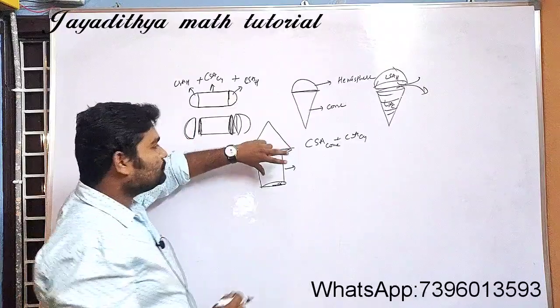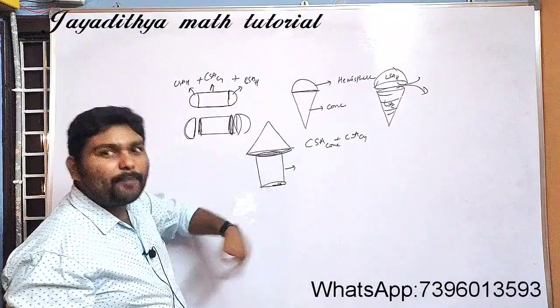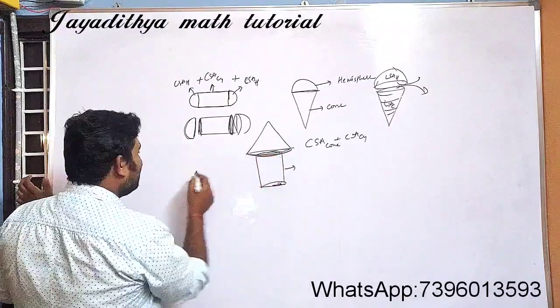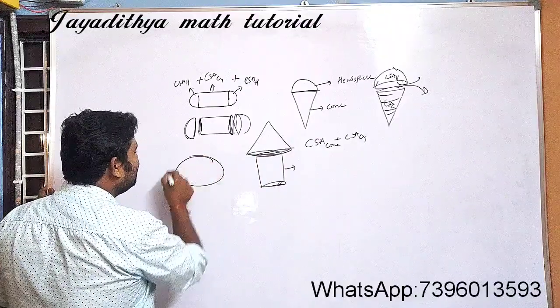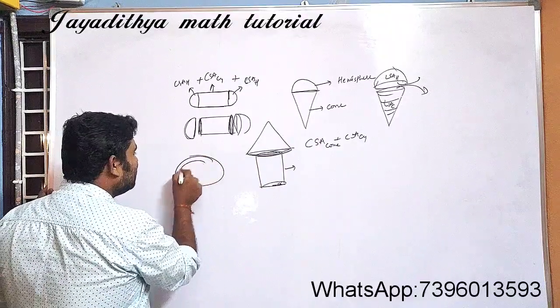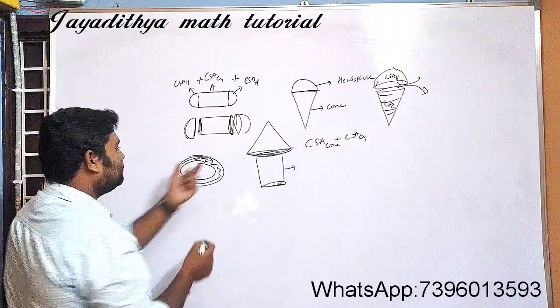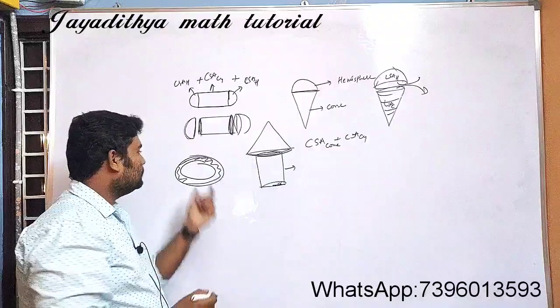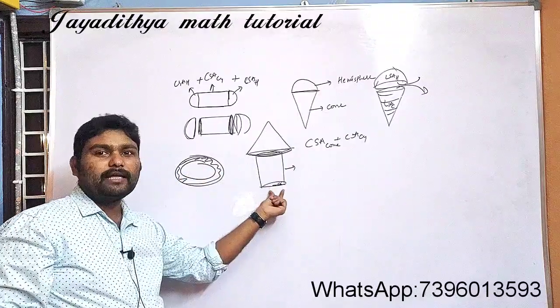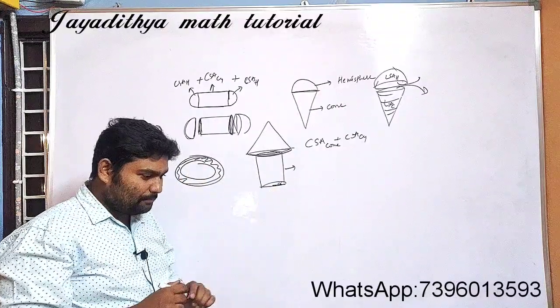And if you see from the bottom, you can observe a ring here. Why? Because, see here, I am shading this part. This part will be the part of the cone and the circle will be the base of the cylinder.